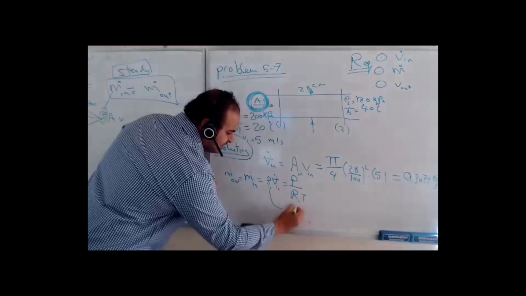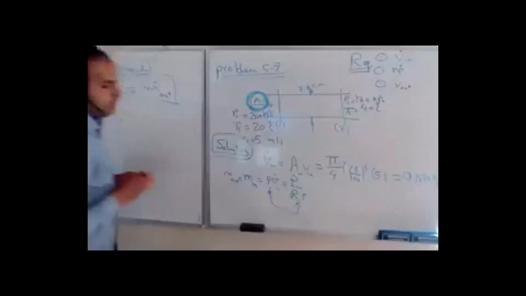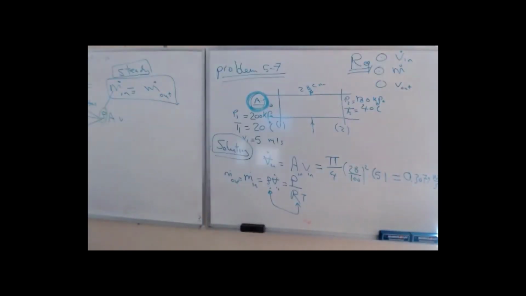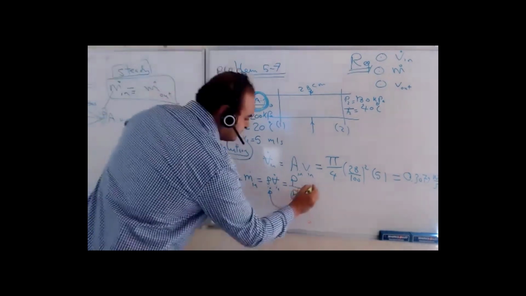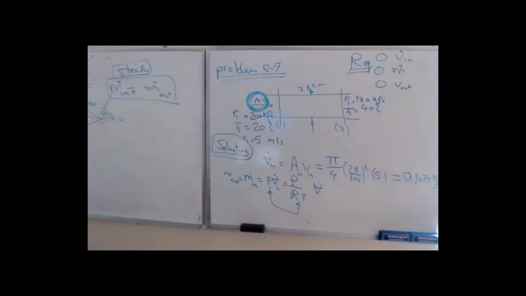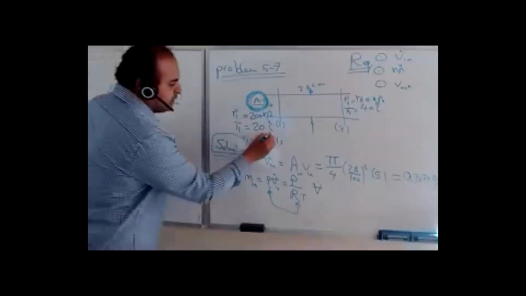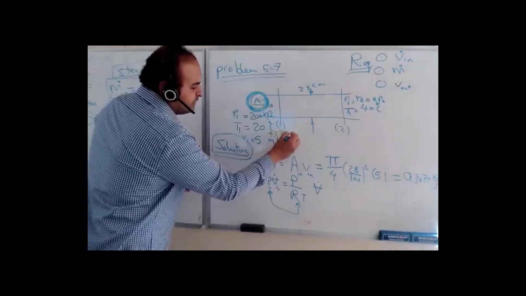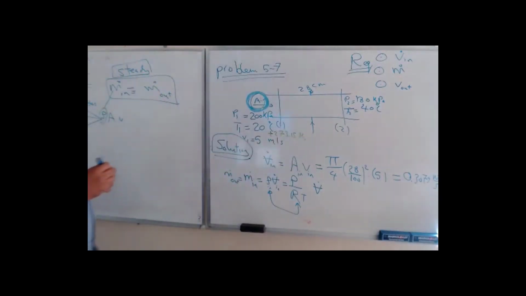This is exactly what I said. Always, when you read ideal gas, remember P over RT times V dot. We have V dot already. Pressure should be absolute, 200 kilopascal, so 200 times 10 to 3 Pascal. Temperature should be absolute temperature, Kelvin. So 20, add to it 273.15 to become in Kelvin.